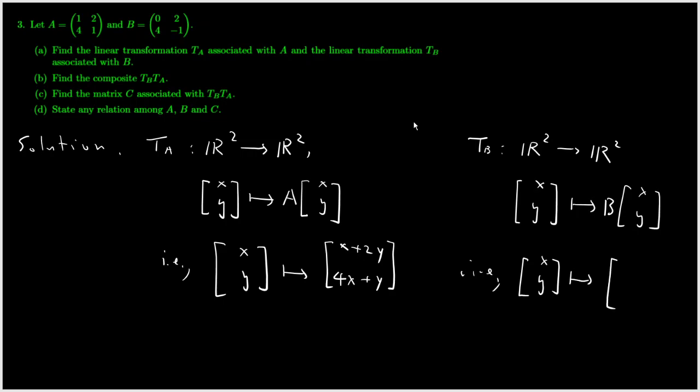If you look at B, the first component is 2y. The second component is 4x minus y. Is that right? Please let me know if you see anything wrong. I think I got it right.